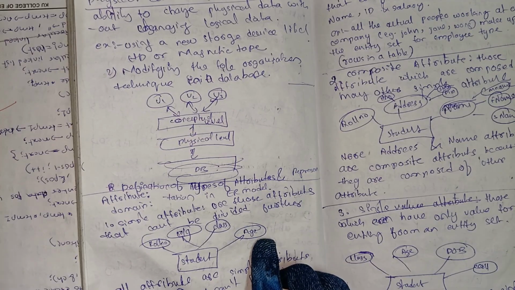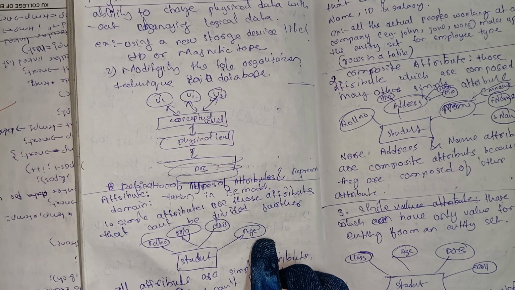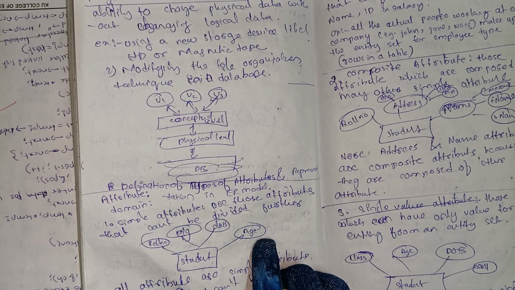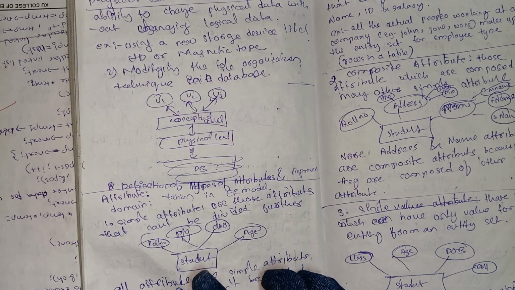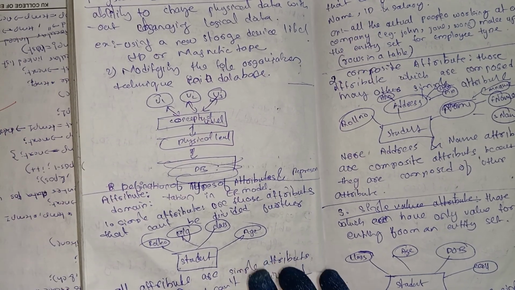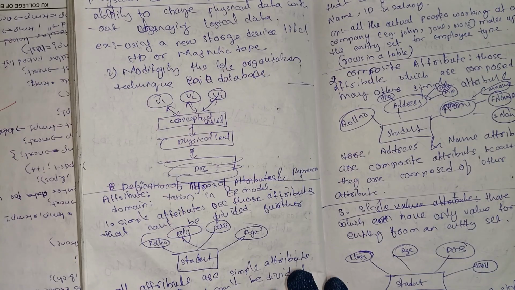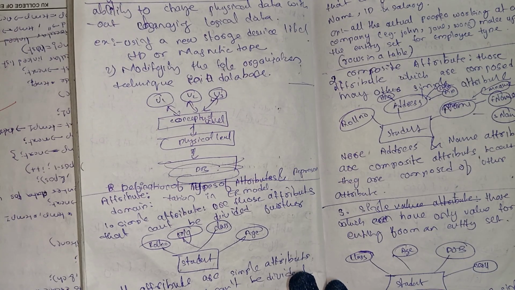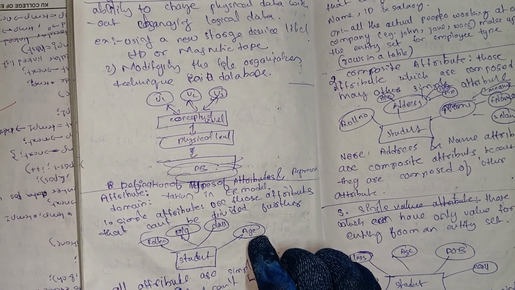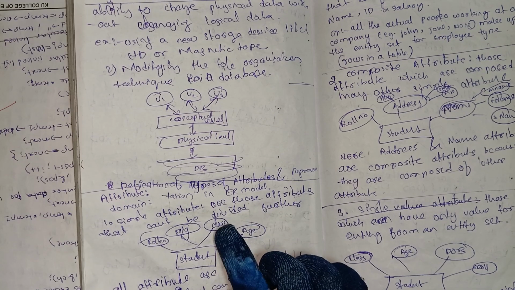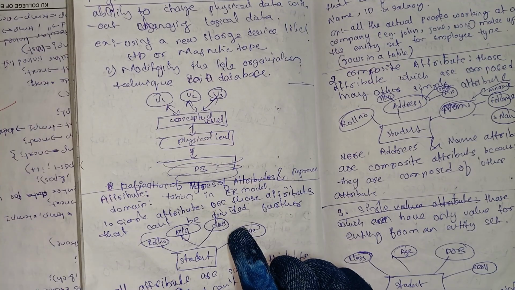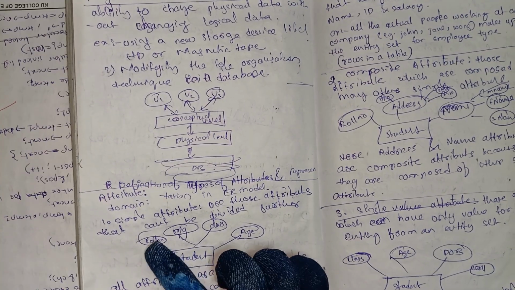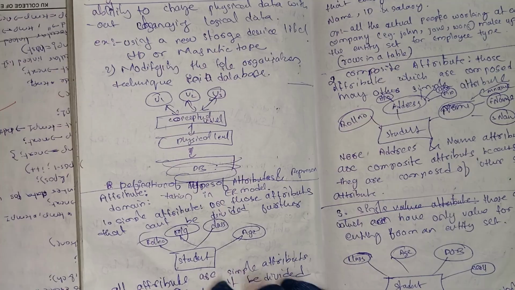That means if we consider address, then it can be divided into pin number and house number and street number, like that. But age, it can't be divided. It should be a single number. Okay, and class also, and college roll number, which can't be divided further.